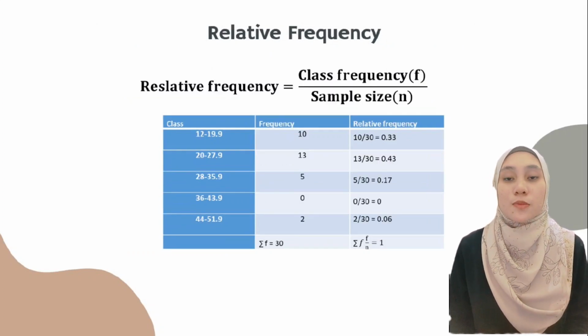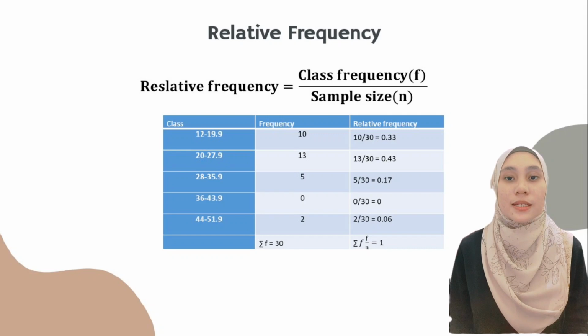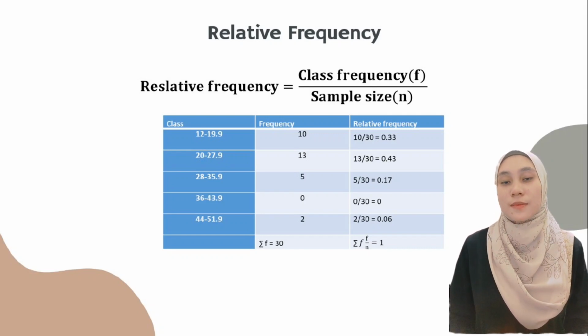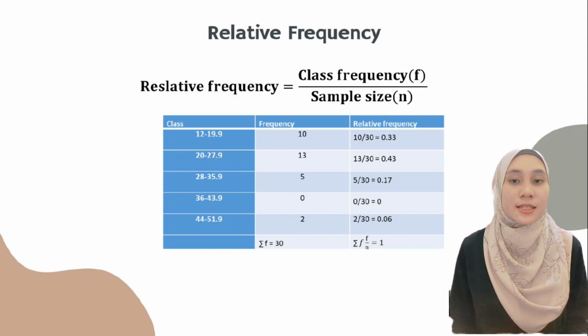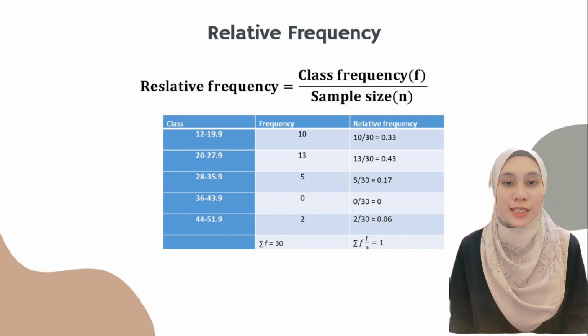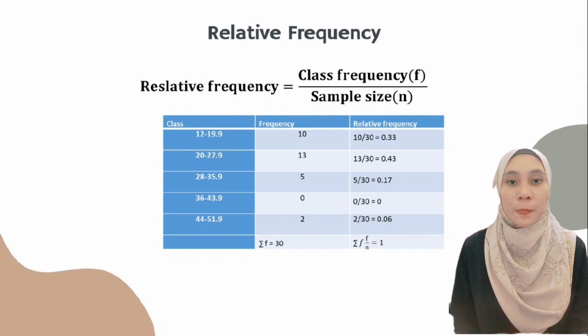Relative frequency distribution is the proportion or percentage of the data that falls in the class. To find the relative frequency of a class, divide the frequency by the sample size.